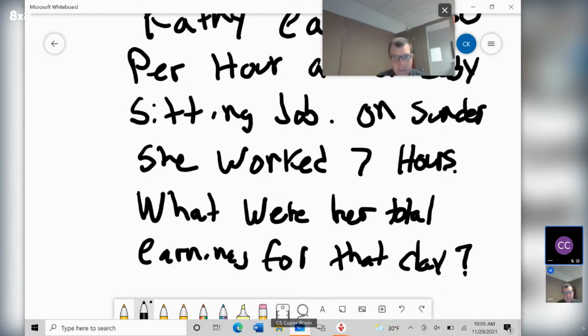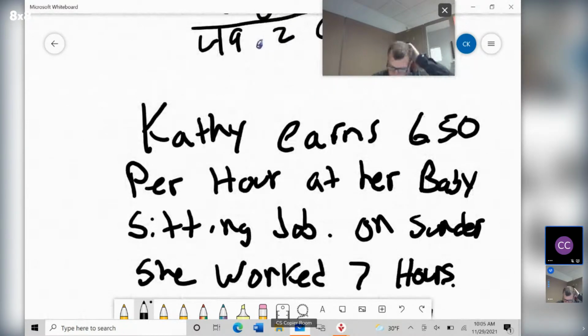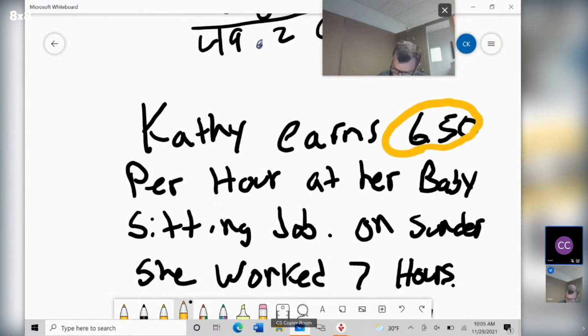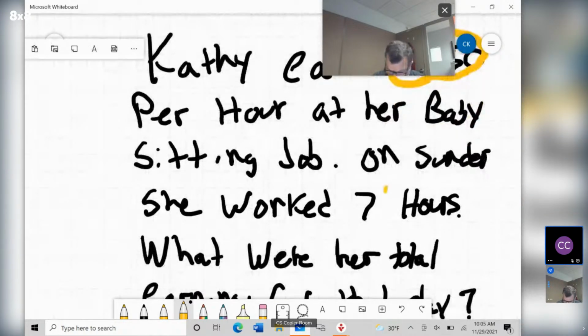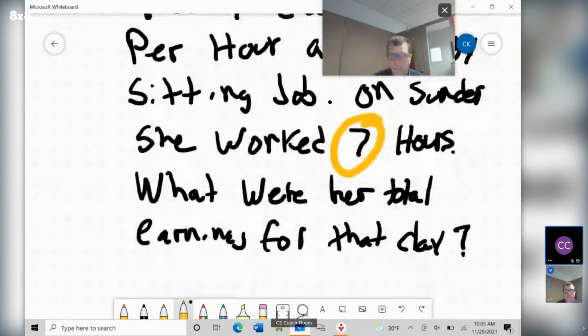Okay, so let's read this again. It says Kathy earns $6.50. So one thing you want to keep in mind, you know how much she makes an hour, so you might want to just circle $6.50 per hour at a babysitting job. On Sunday, she worked 7 hours, so that's going to be important. And then it asks, what were her total earnings? So how much money did she make on that day?